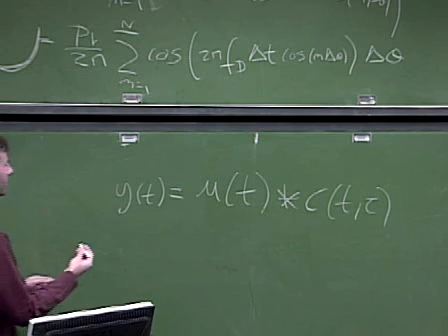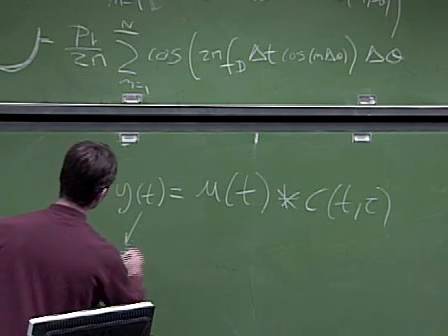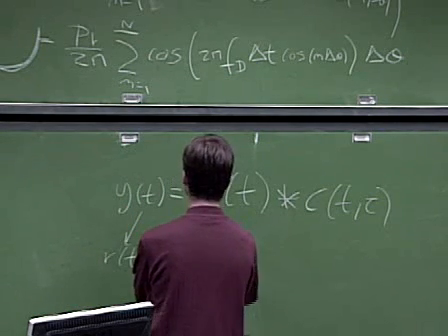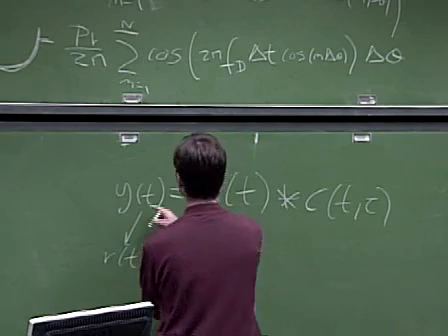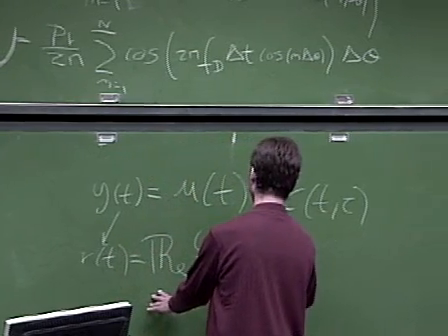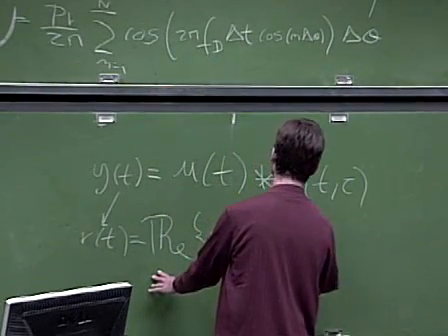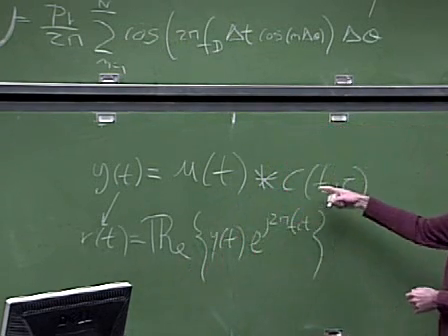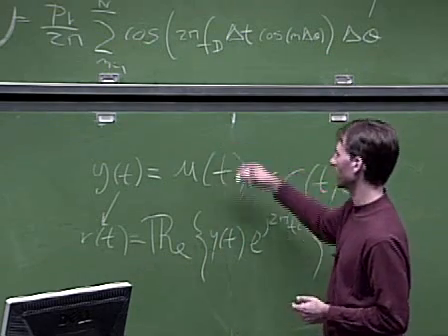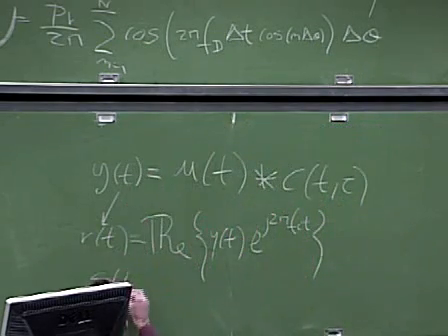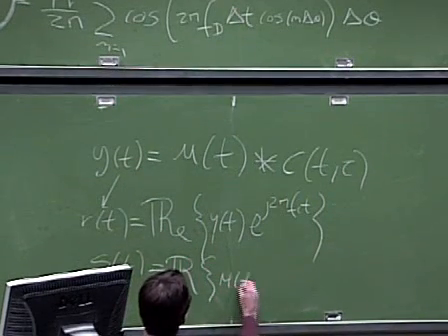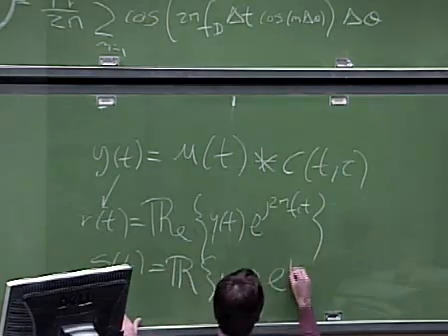Okay, and in the passband, remember, r of t, the received signal, is the real part of y of t e to the j 2 pi f_c t. And similarly, the transmit signal s of t is the real part of u of t times e to the j 2 pi f_c t.